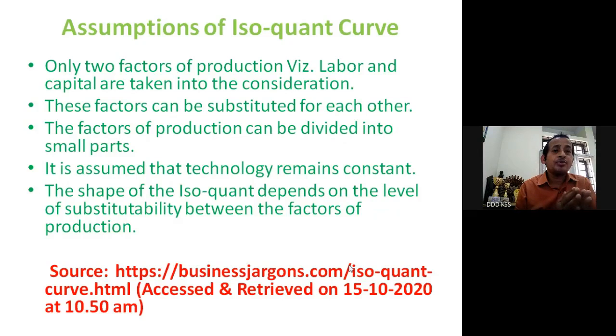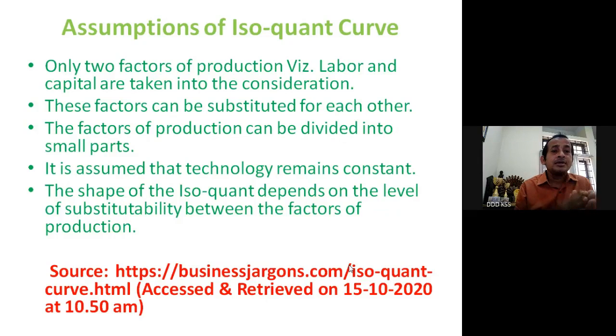The factors of production can be divided into small parts, like labor and capital. Then it is assumed that technology remains constant. Here we need to assume that the technology will remain the same.